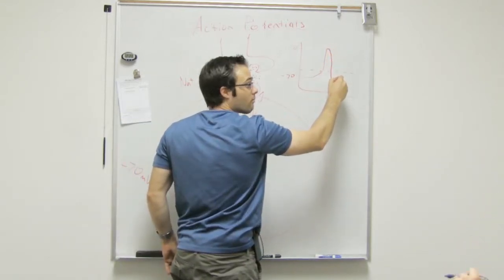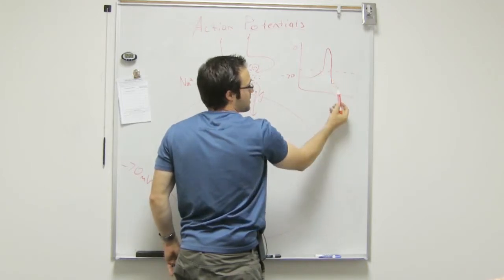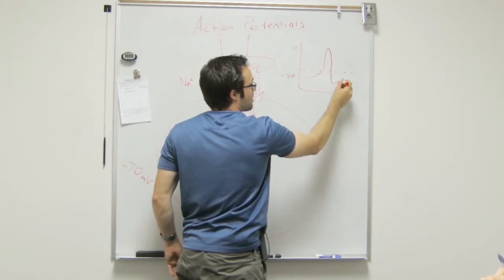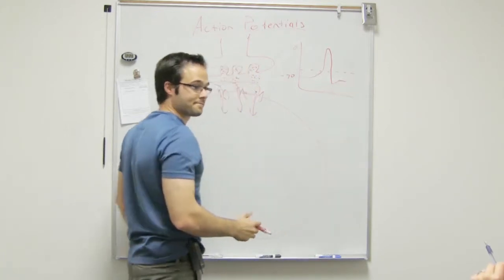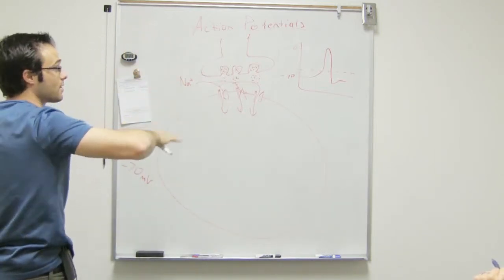No, repolarization, then hyperpolarization, right? And then we're down here. We want to be back at negative 70. Sweet. It seems like you understand the graph and how it flows.